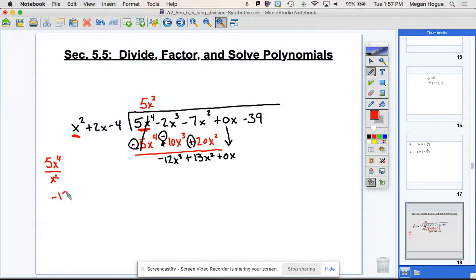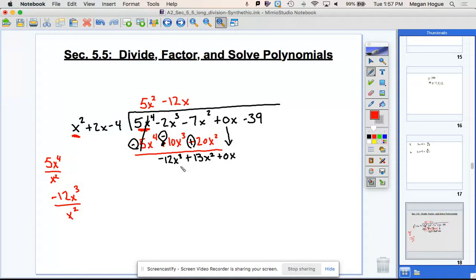So negative 12x cubed divided by x squared. So that would be what? Negative 12. Yep. And again, the top up here, my answer, should start going in standard form. So x squared, x, my next thing up here should just be a constant, a number.